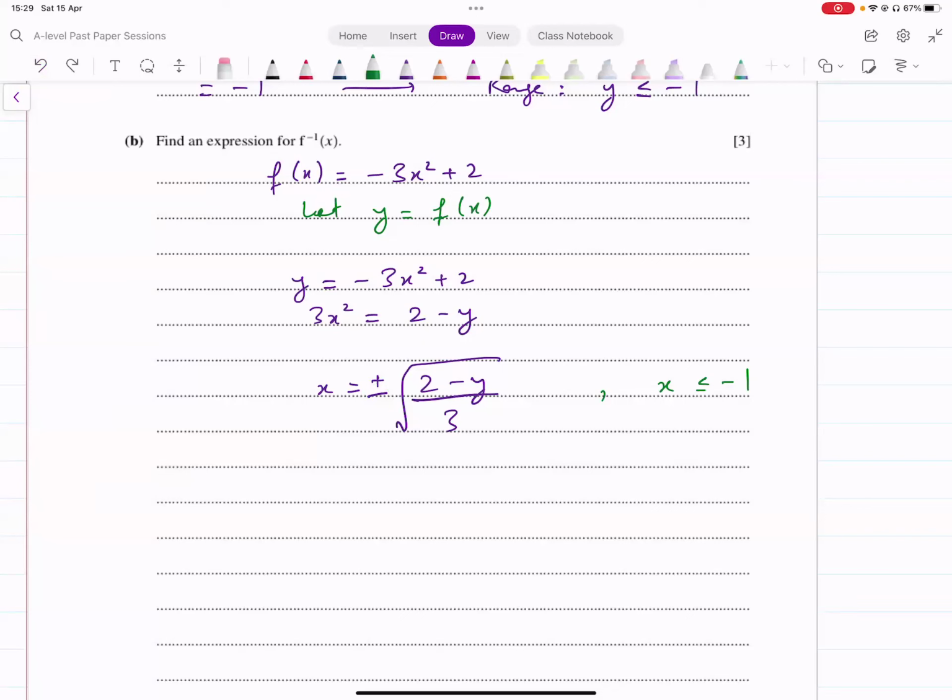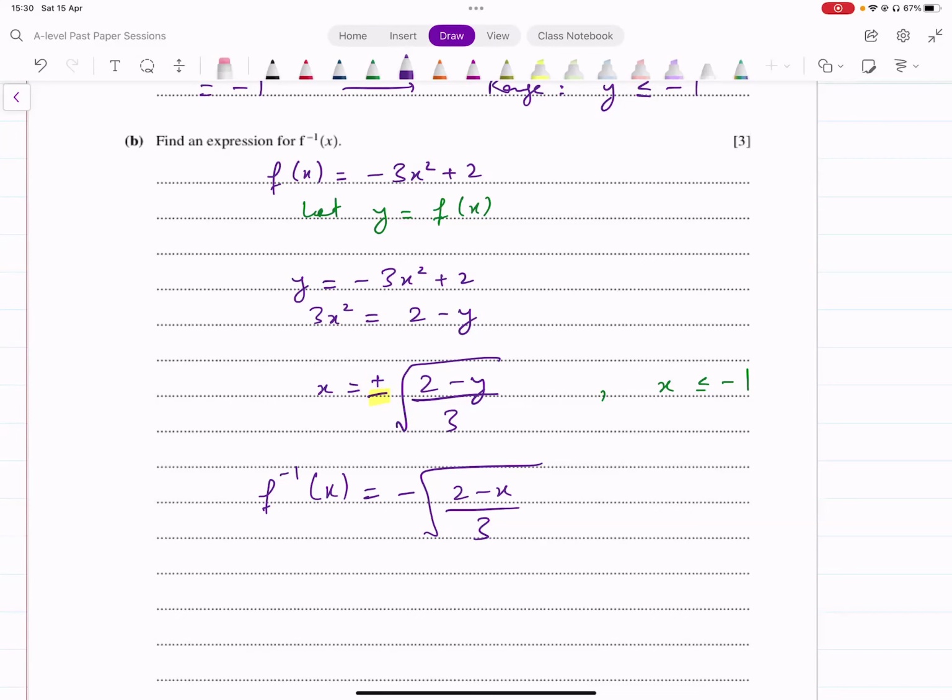Plus लगाने से तो आपकी जो positive value होगी वो -1 से बड़ी होगी, तो आपको यहाँ पे minus use करना पड़ेगा. So when you write down the inverse function here, you say f inverse of x equals minus square root of (2 - x) over 3. That is what the inverse turns out to be in this case. Okay, minus use करना है यहाँ पे, इसका एक mark होगा, sign correct use करने का.